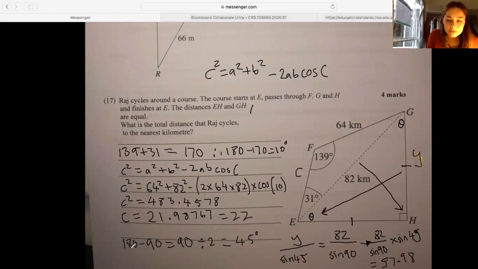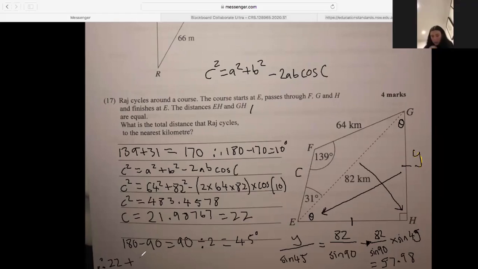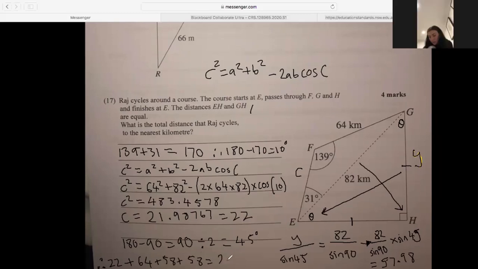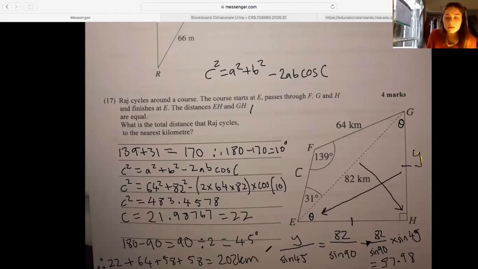So we have our C, which was 22, plus 64 plus 58 plus 58. What do we get? 202? Yeah. 202 kilometers. Okay.